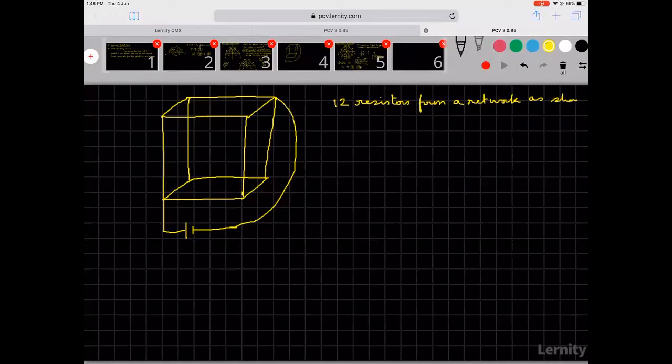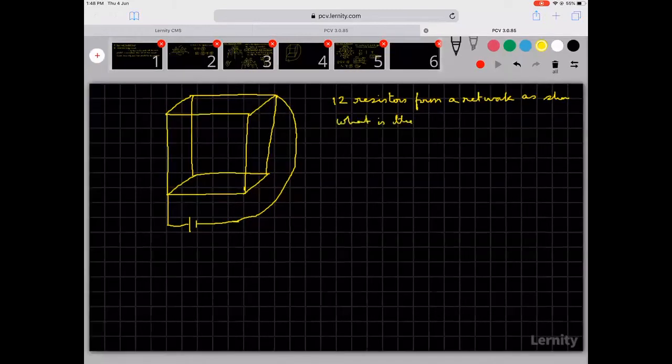What is the effective resistance along the leading diagonal?